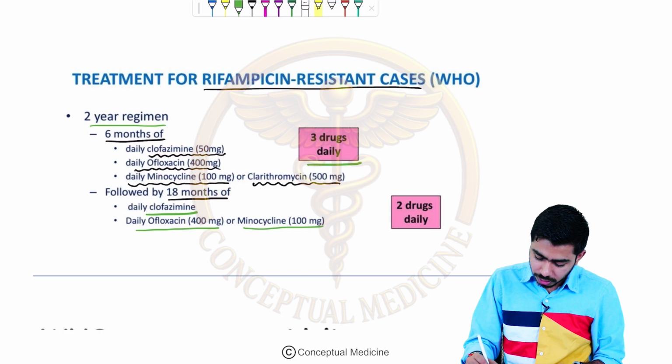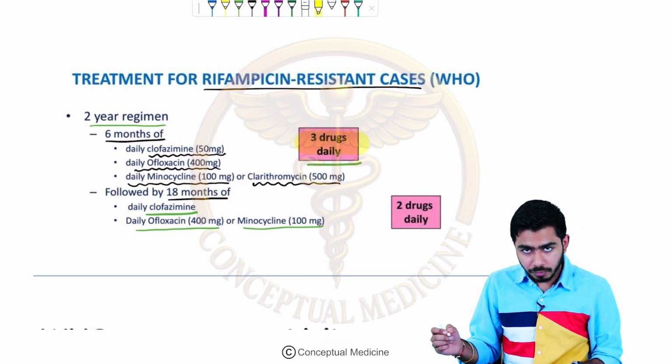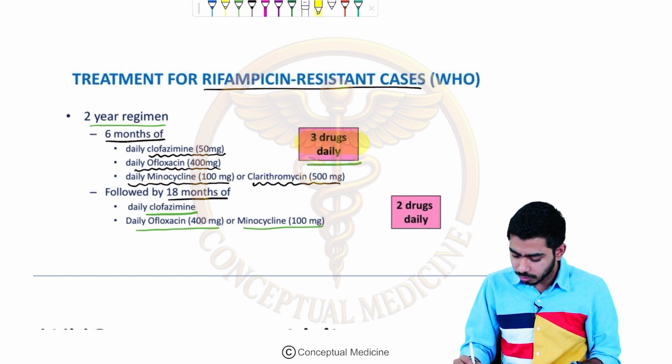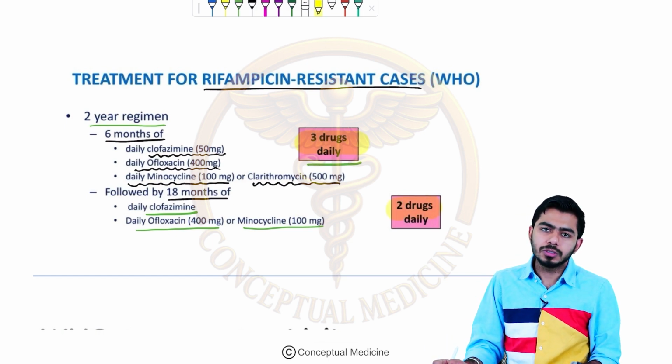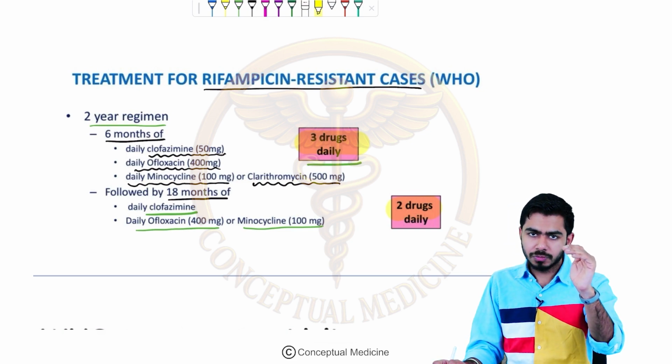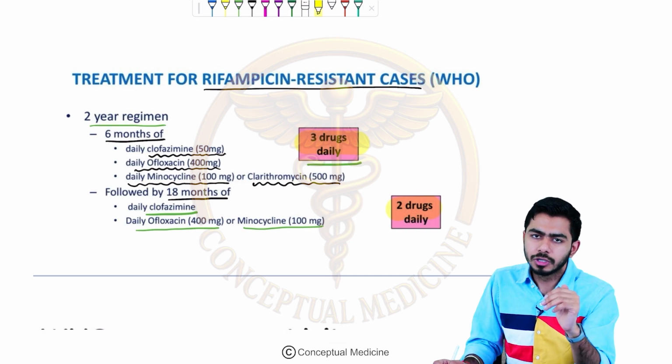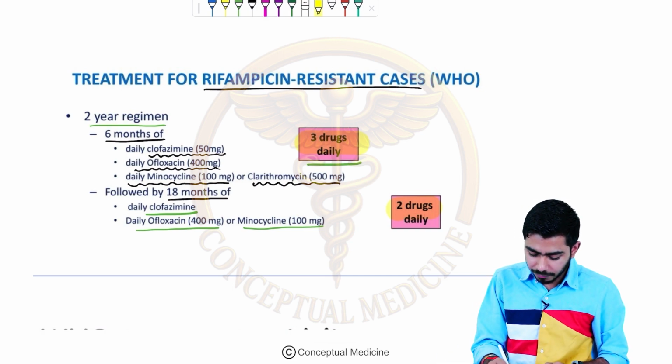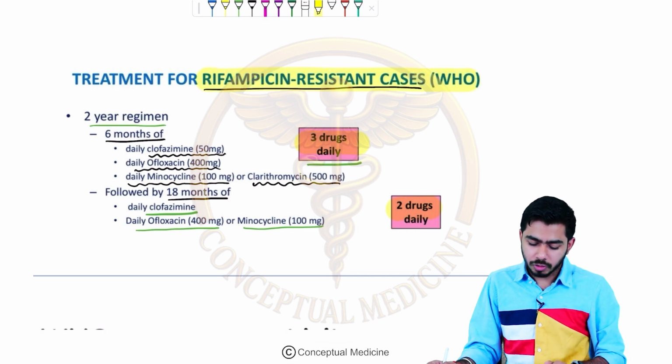So for 6 months 3 drugs daily, followed by 18 months 2 drugs daily. That is for the rifampicin resistant cases, according to WHO.